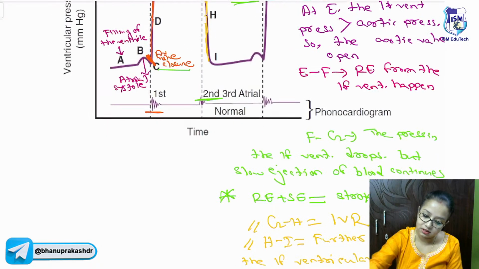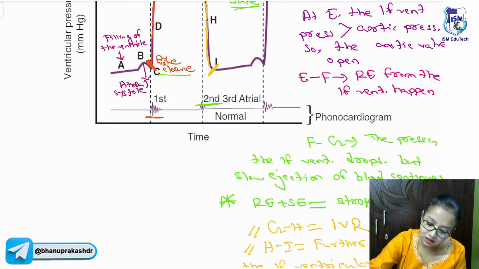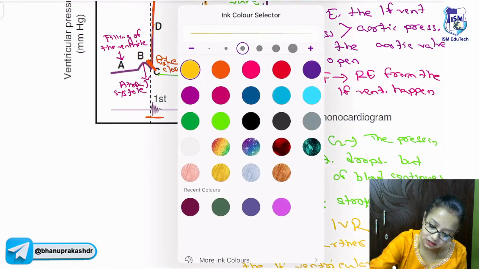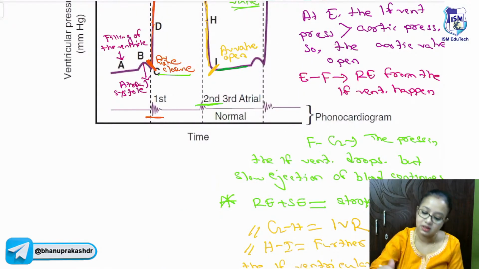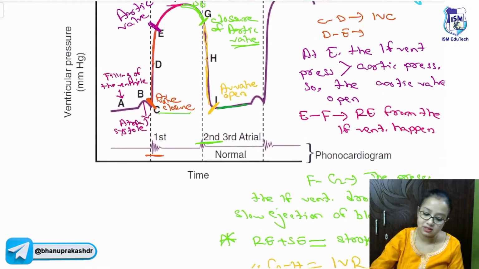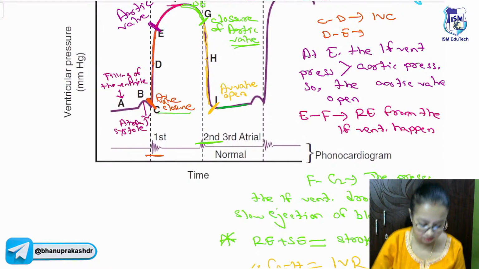Now, when the pressure reduces to minimal, that is at the point I, this is the time again when the AV valve opens, and what follows is the filling phase, the passive filling of the ventricle, which we saw in A, that starts, and once again the cardiac cycle starts. So this is a pressure change. This is a graph that explains the pressure change in the left ventricle.